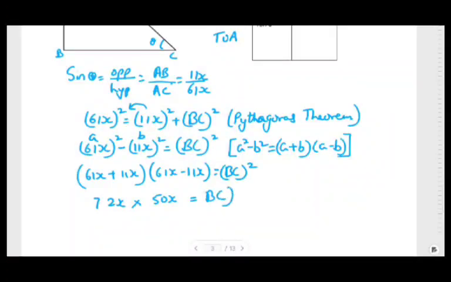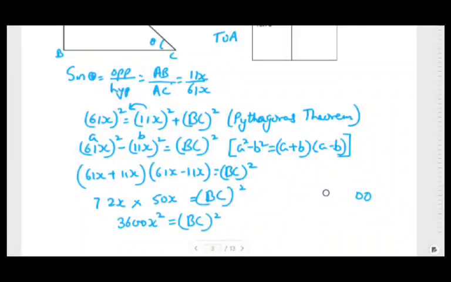Which will give me my BC square. 72 into 50, and I'm just going to write 5 and I'll add the 0 later. 5 2s are 10, 5 7s are 35, 36 and another 0. Alright, so 3600 x square will give me my BC square.